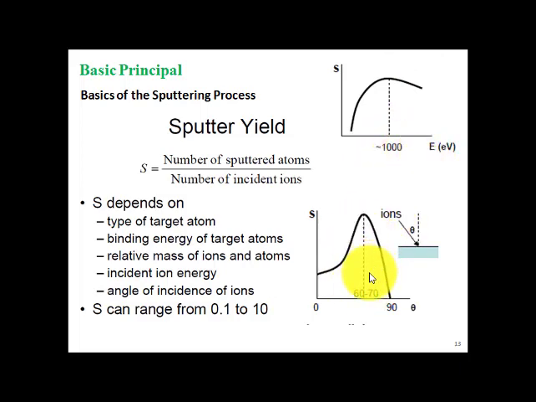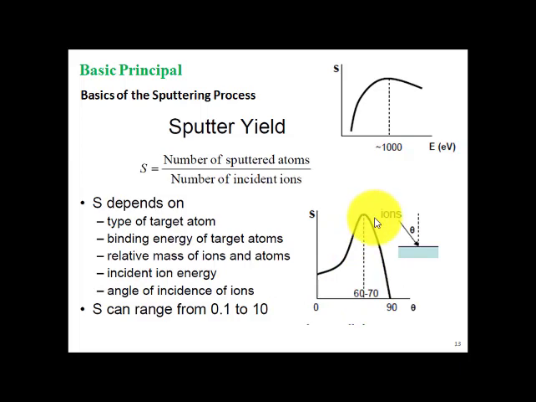In the lower figure we can see the relationship between the angle of incidence and the sputter yield. So as the angle of incidence increases from 0 to 60, the sputter yield also increases, and the sputter yield is maximum between 60 and 70.